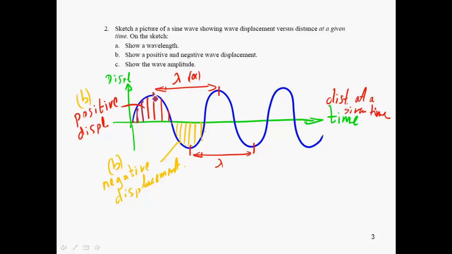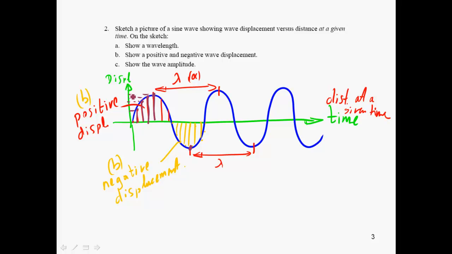And at this point here you have the maximum positive, and at this point here you have the maximum negative amplitude. Okay? So this distance is the amplitude. And you measure it over here on the displacement axis. Okay? It changes continuously.